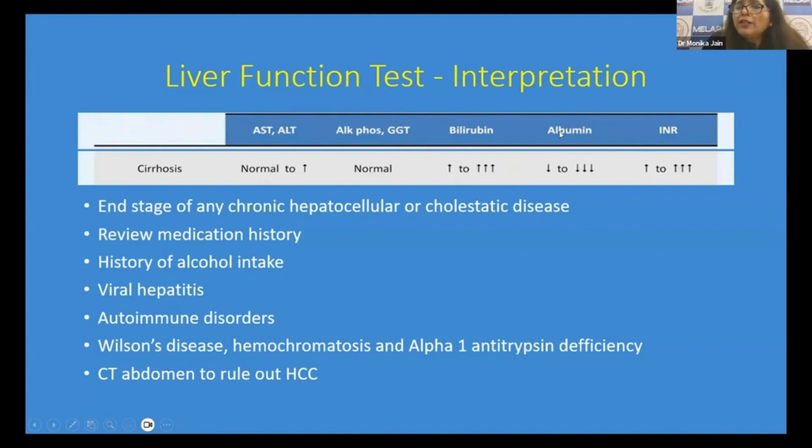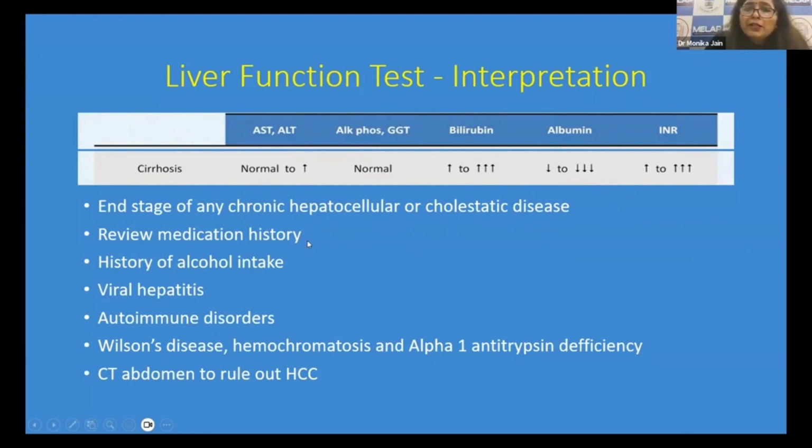But I have already mentioned albumin and INR. These are the two parameters, along with the AG ratio, which can confirm that the patient is going into a chronic stage. So the end result of any chronic hepatocellular or cholestatic disease is cirrhosis.